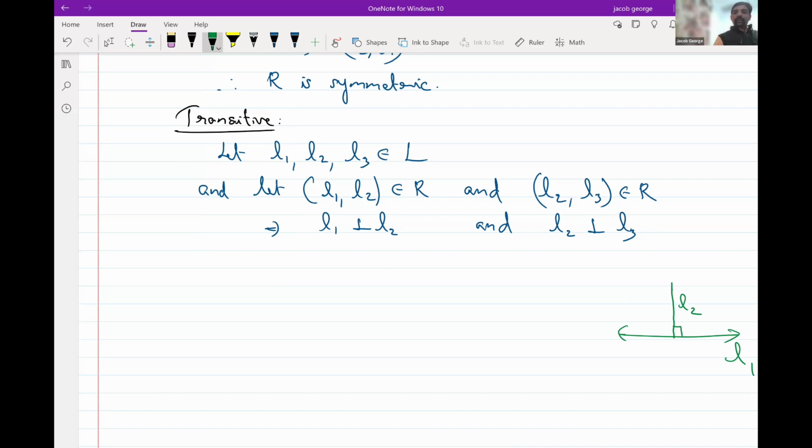And L2 is perpendicular to L3. Then what can you say about L1 and L3? Are they perpendicular? No, instead they are parallel. Are you getting the point clear? So L1 is not perpendicular to L3, it is parallel. Can you draw that one? That picture will help you to understand it faster.